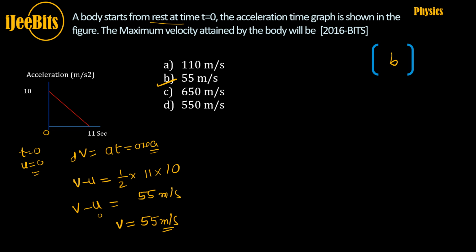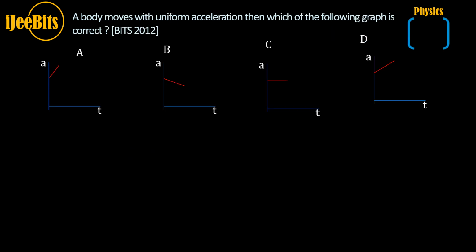Clear? Now look at this problem statement. A body moves with uniform acceleration, then which of the following graphs is correct? This problem was given in 2012 BITS.